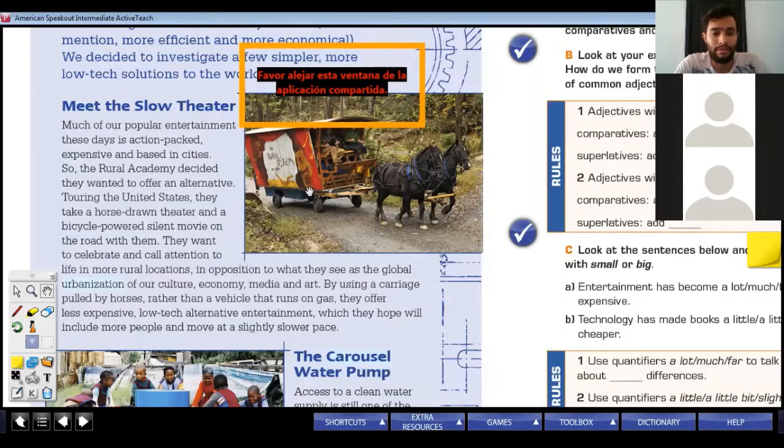By using a carriage pulled by horses rather than vehicles that run on gas, they offer less expensive, low-tech alternative entertainment, which they hope will include more people and move at a slightly slower pace. So very good, Miss Valeria. That was beautiful. Okay. Great.